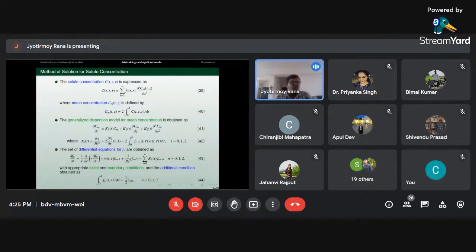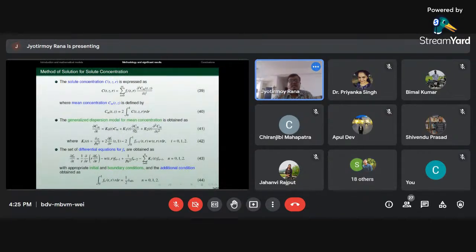Now we are interested in finding the mean concentration of the solute by applying the velocity of the fluid to the governing equations. We consider the solute concentration represented in this form, and after applying that in the governing equation, we get the generalized dispersion model in this form. Here we get three transport coefficients, K0, K1, and K2.